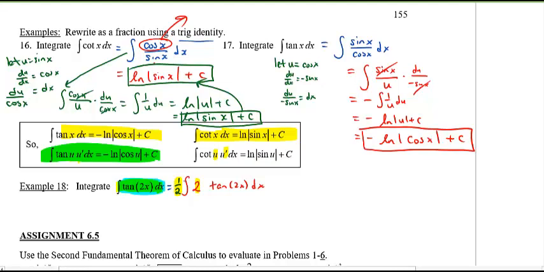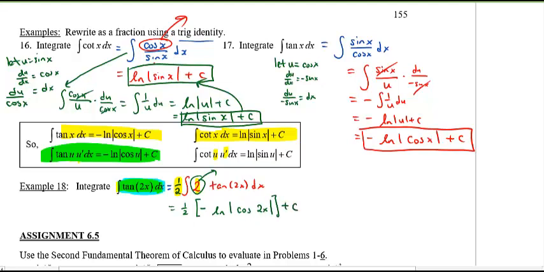This is great because now I can quickly use the reverse chain rule. And the integral of tangent is just the negative natural log of the absolute value of cosine, not u, but 2x in this case, and then of course plus c.